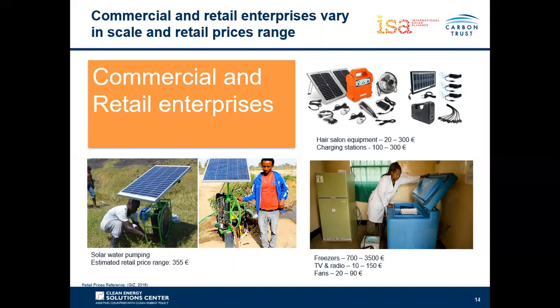We can see that certain equipment, such as freezers, can cost up to 3,500 euros, which would be extremely expensive for lower income households. But there is a large range depending on what the enterprise is and what equipment is needed to run the enterprise. So these are just some examples of enterprises that are found commonly in rural environments.